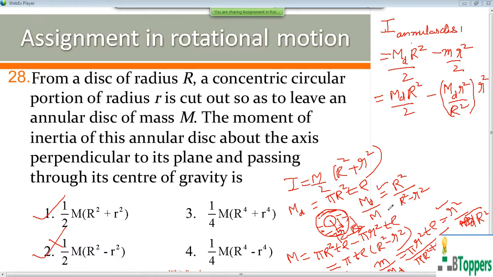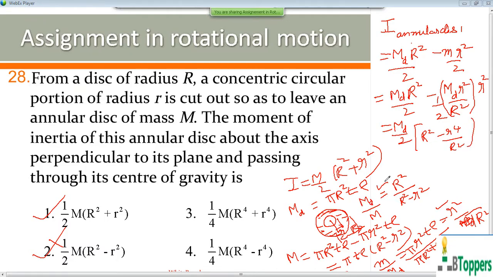Again, M_D can be written in terms of capital M. Taking M_D common outside, by 2, we get capital R power 4 minus small r power 4 by capital R square.